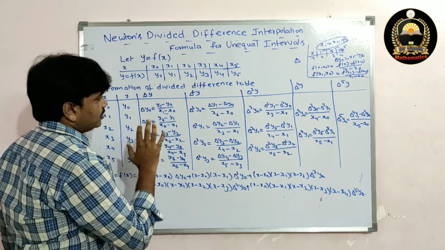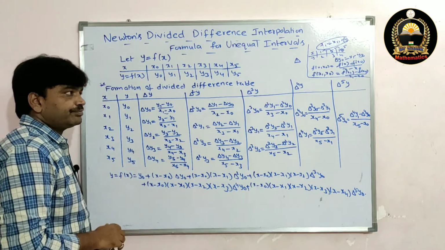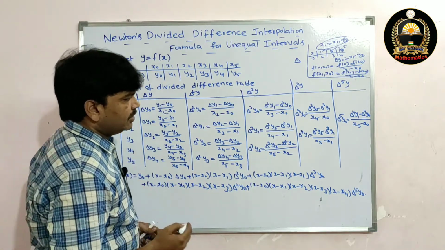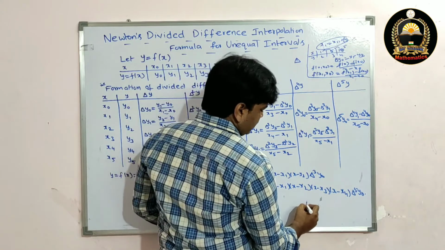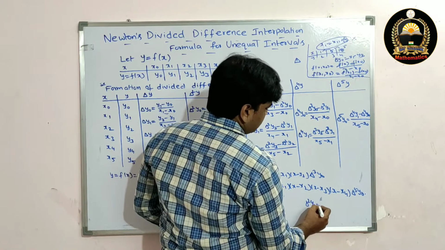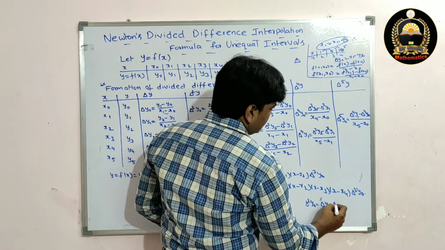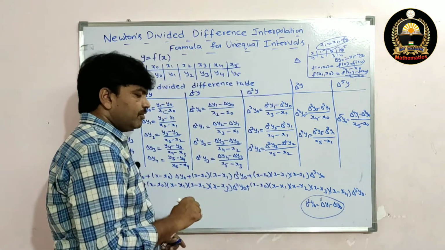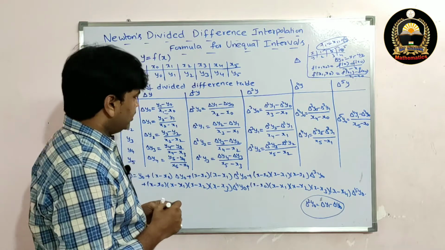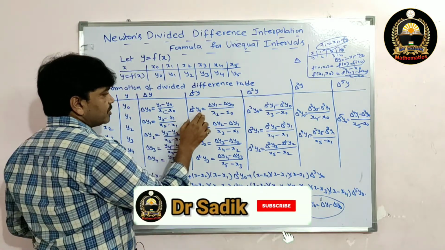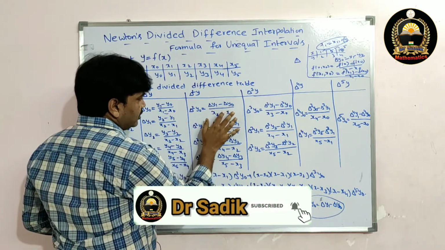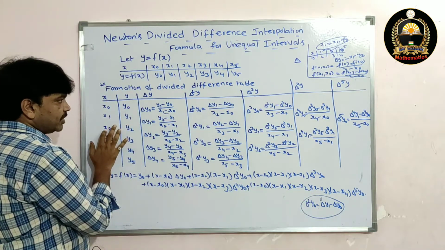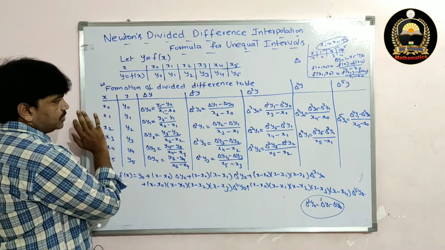And then the second order, del square y. Del square y naught means del y1 minus del y naught, divided by x2 minus x naught.